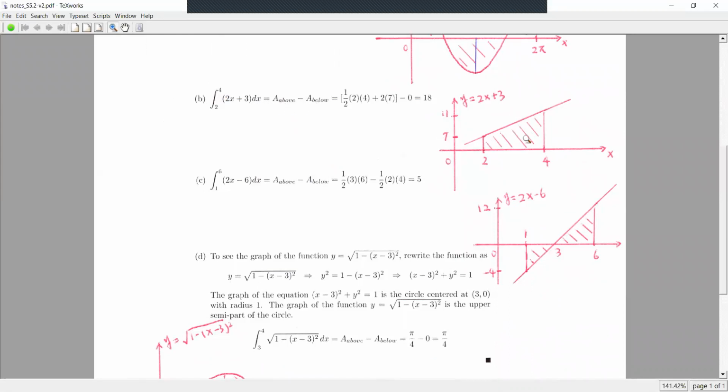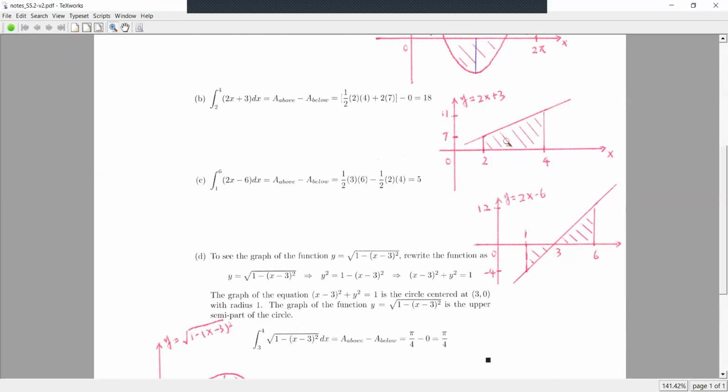The region above the x-axis is a trapezoid. Then how to find the area of a trapezoid? There is a formula for the area of a trapezoid. And if you don't remember the formula, it doesn't matter. You can cut the trapezoid into a triangle and a rectangle. Draw a line through this point, parallel to the x-axis.